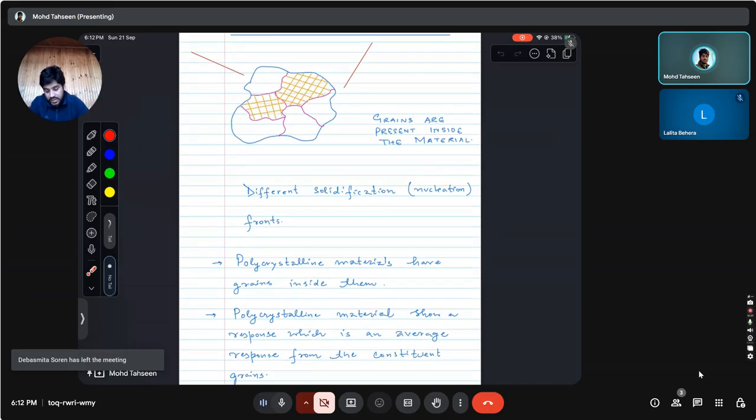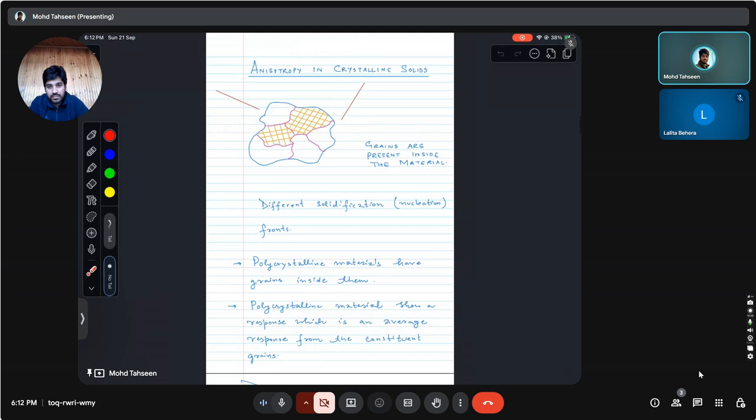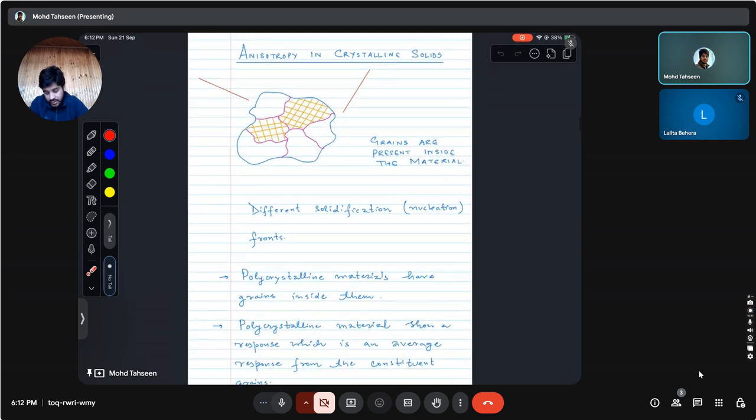But if we have a lesser number of grains, then we may see these anisotropic effects, right? And if we are talking about a material model, then a good material model should take into account the properties, not just the properties.